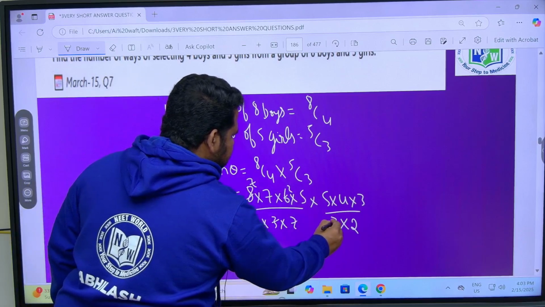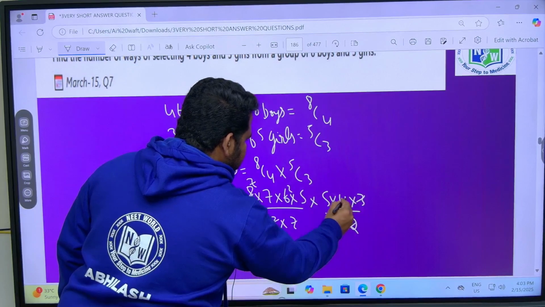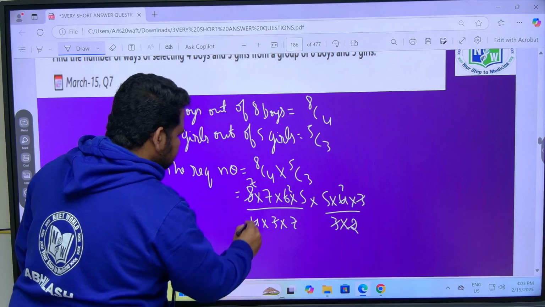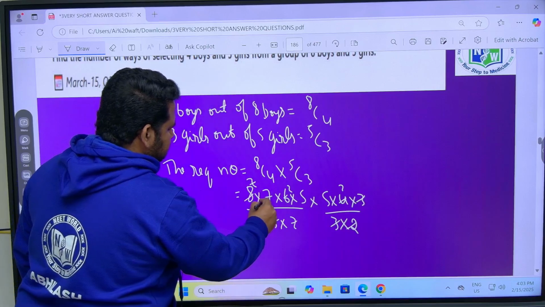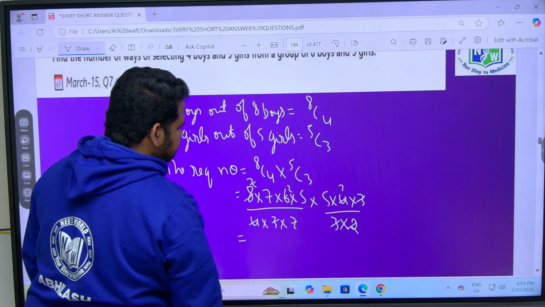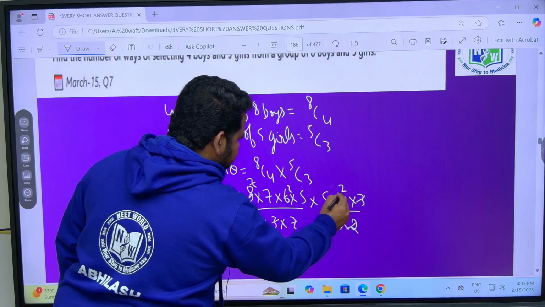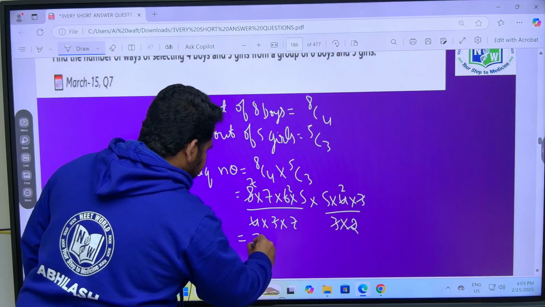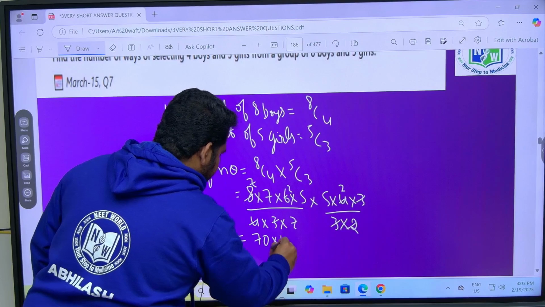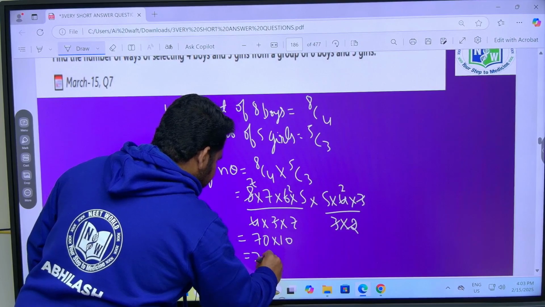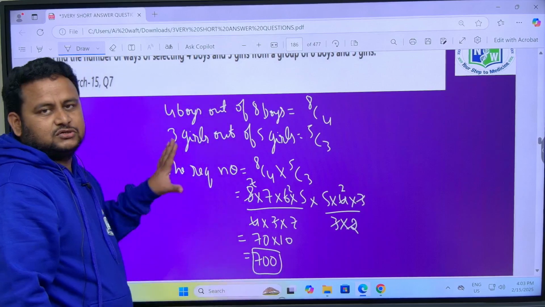So this will be 7 2s are 14, 14 5s are 70, into 5 into 2, which is 10. 70 into 10, so the answer to this question is 700, friends.